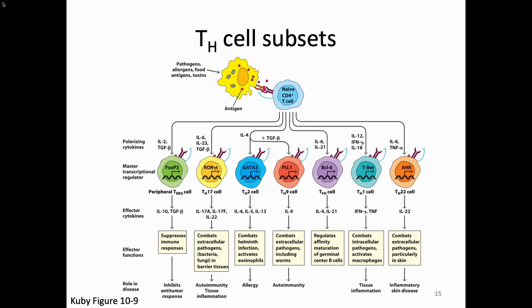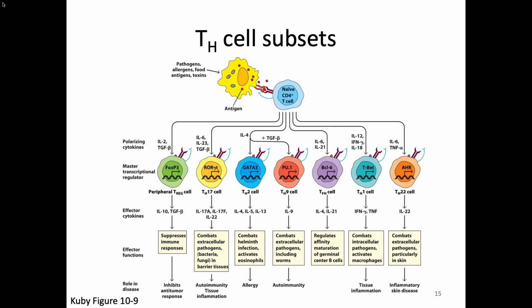All right, so now we're going to get back into thinking about the specifics of T cell effector function. If you recall, we left off last time talking about helper T cells and this idea that we have a naive CD4 T cell, sometimes known as a Th0 cell, that will interact with antigen on an antigen-presenting cell and will receive some kind of cytokine. The cytokine it receives is on these top arrows.